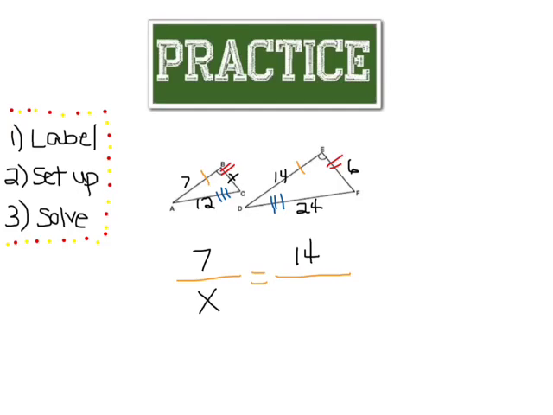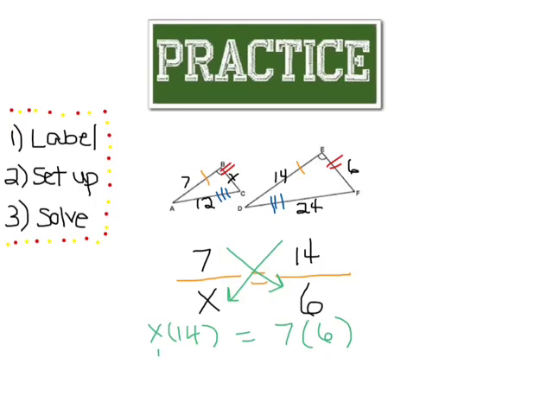Now what side on the other triangle matches up with the x? It would be 6. Now we follow our regular pattern. I need to cross multiply. So I end up with x times 14 equals 7 times 6.